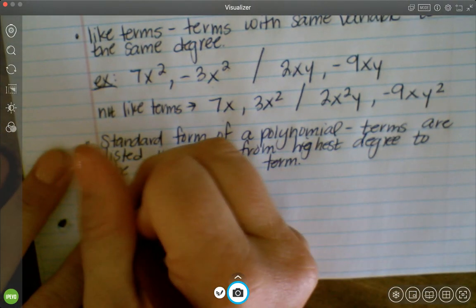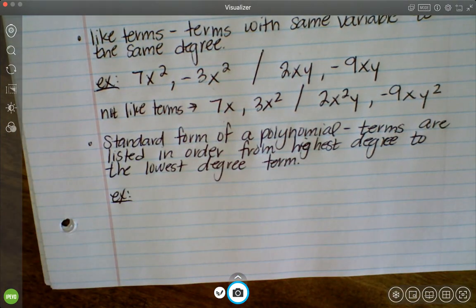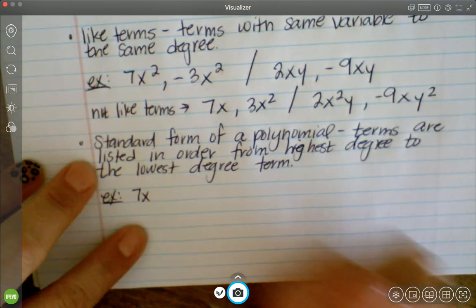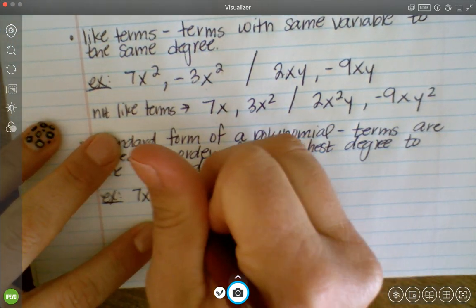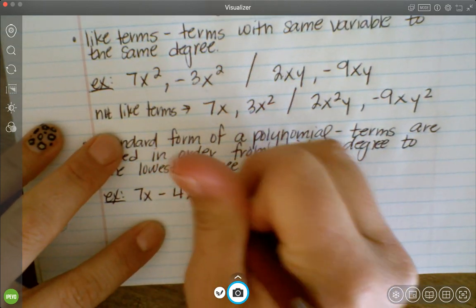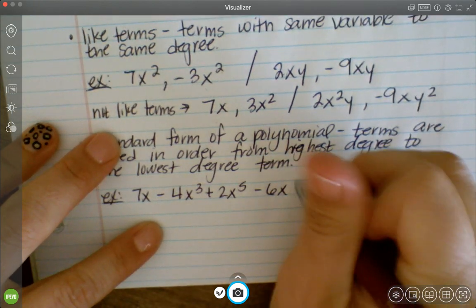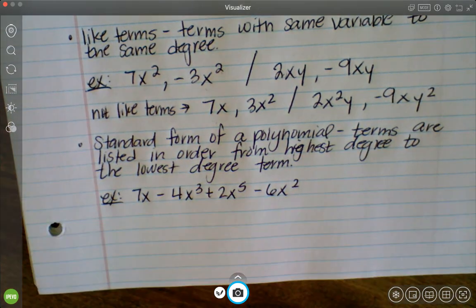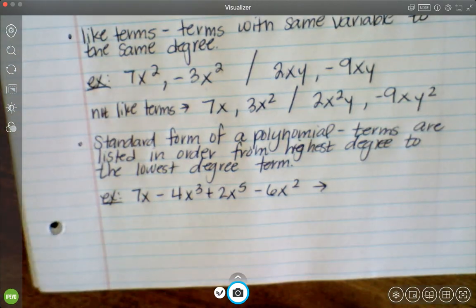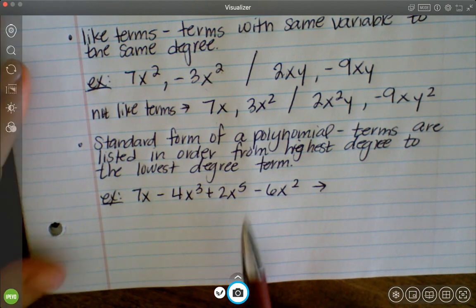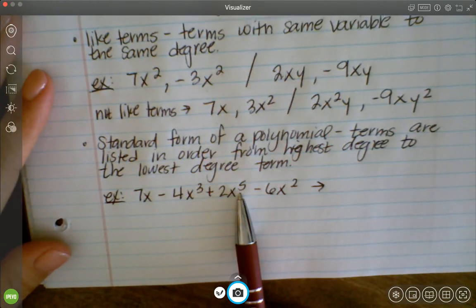So if we had a bunch of terms just randomly written down, let's say 7x minus 4x cubed plus 2x to the fifth minus 6x squared. And I wanted you to write this polynomial in standard form. Again, we're going to list our terms in order from the highest degree term to the lowest degree term. And the degree is the exponent. So this is our highest degree term.